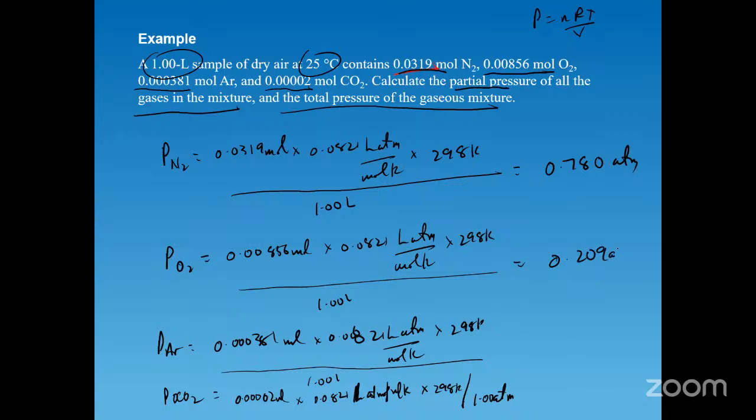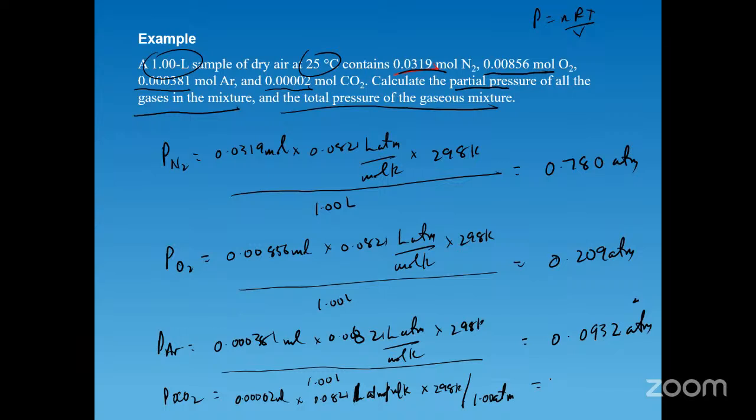That is 0.209 atmospheres. And then for argon, it is 0.000381 times 0.0821 times 298 divided by 1. So this is 0.0932 atmospheres.